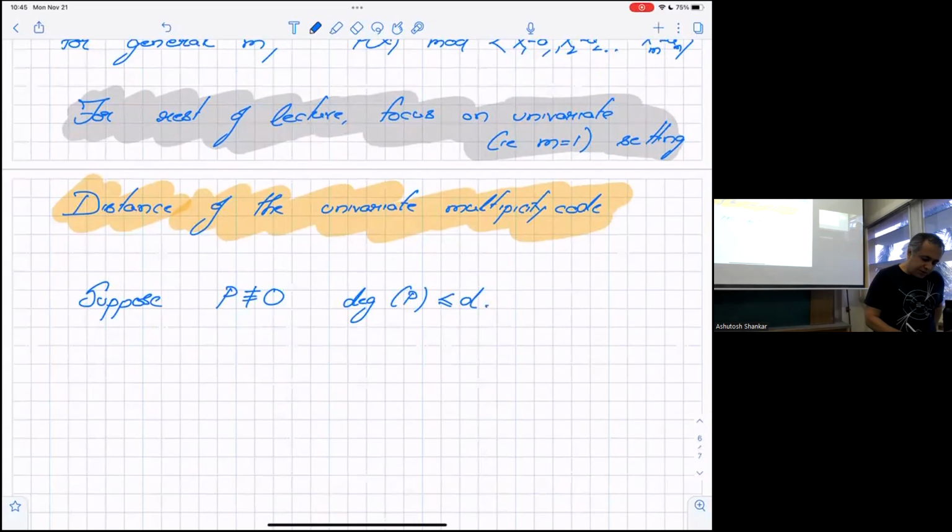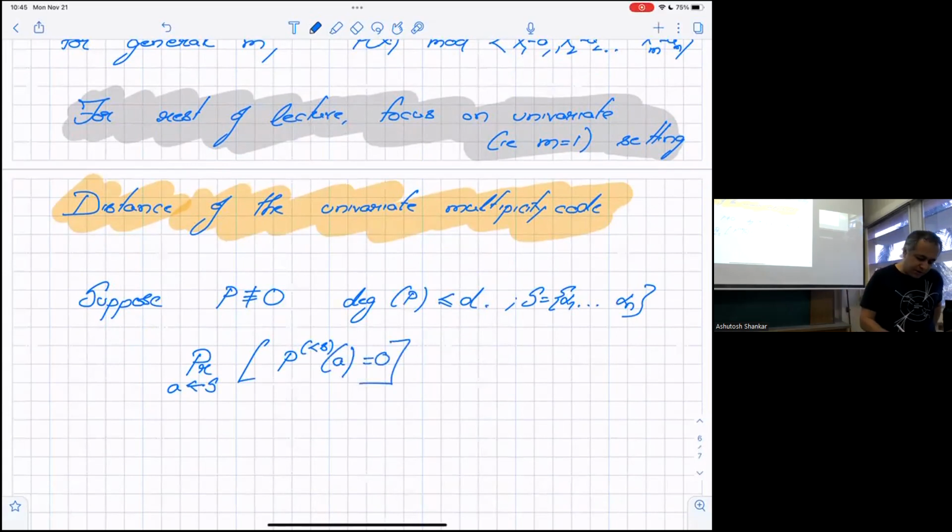What I'm going to ask is, what is the probability that when I pick a random point in S, where S is some collection of points alpha 1 to alpha n, I want all the lower order derivatives of P, those of order less than s, at a to be equal to 0.